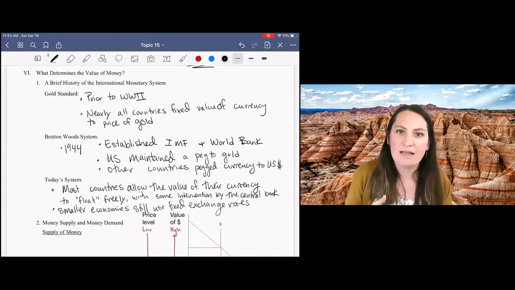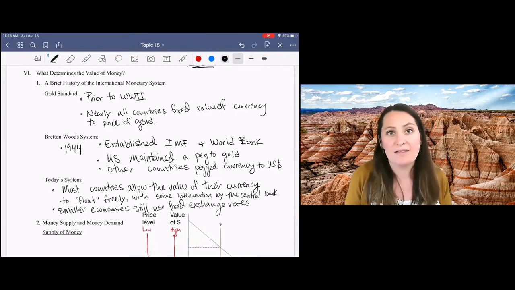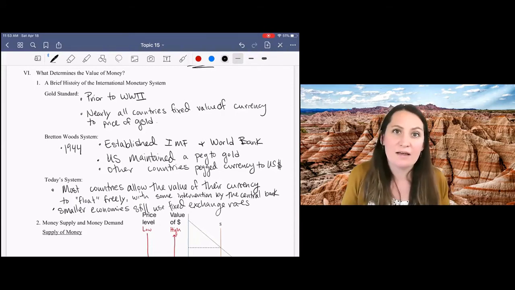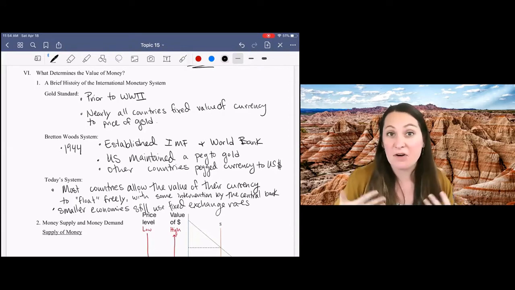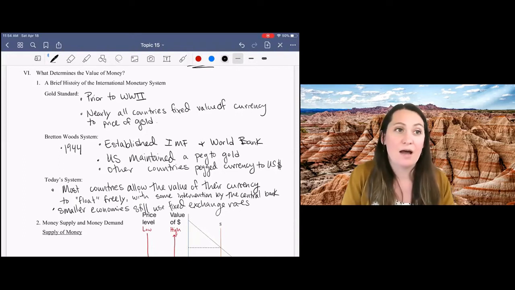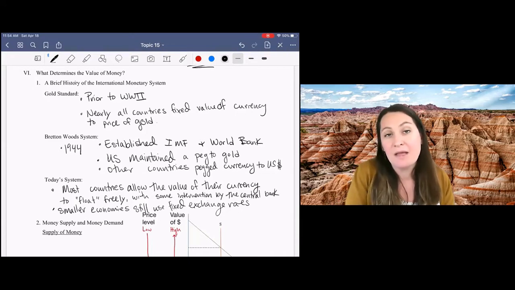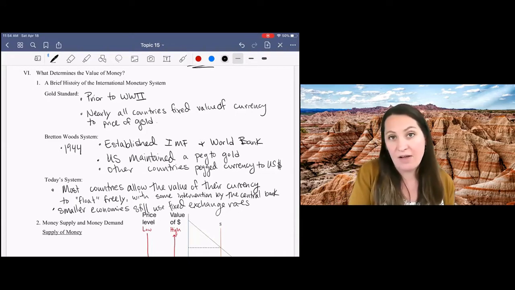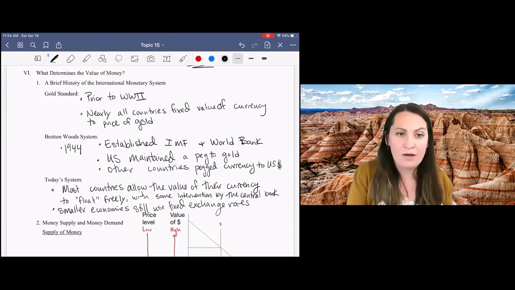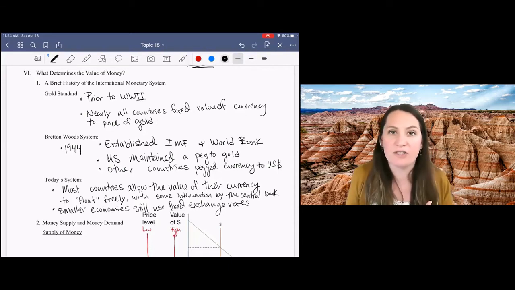And in some sense, for smaller economies, they're avoiding the burden of having to manage their own currency, having to manage their own monetary policy, but they are just importing whatever monetary policy the country that they've pegged their currency to adopts. So whatever is happening in the US may be different than what's happening in Belize, and the way that we manipulate the value of our currency may be not suitable to what's going on in Belize.